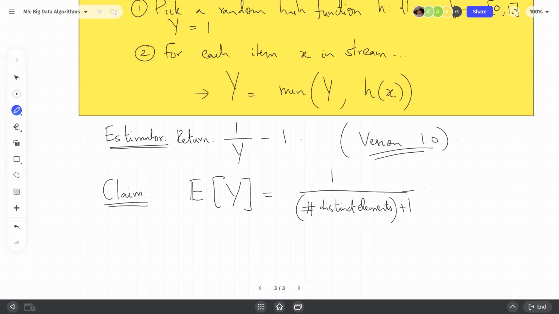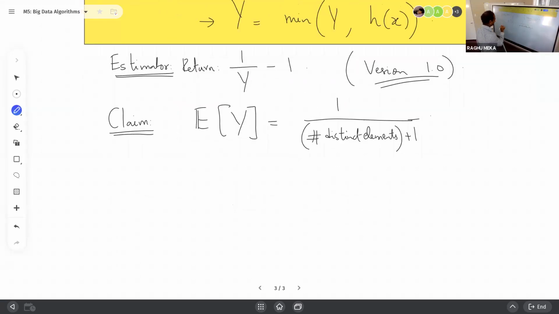Okay. So I'm not going to spend too much time on it, but the basic idea is that if I draw 3 points at random on the line 0 to 1, you expect one of them to be in the first third and so forth, right?